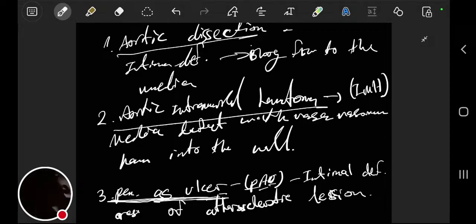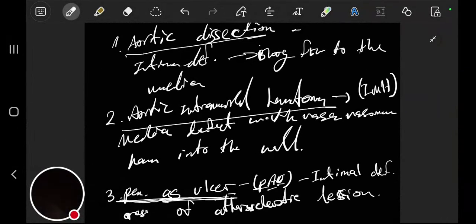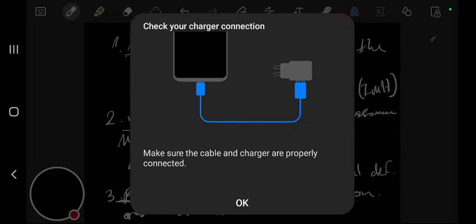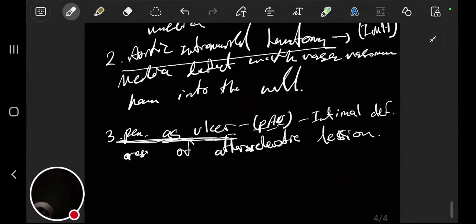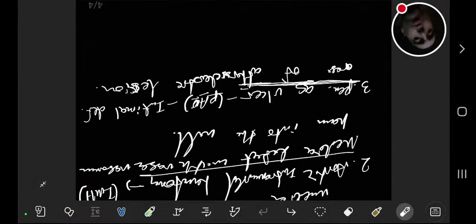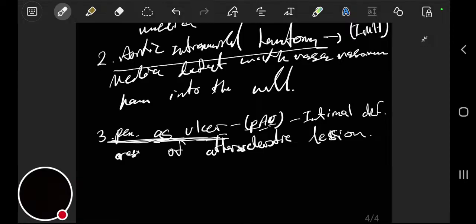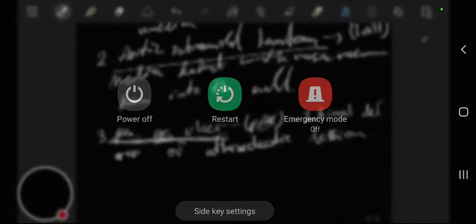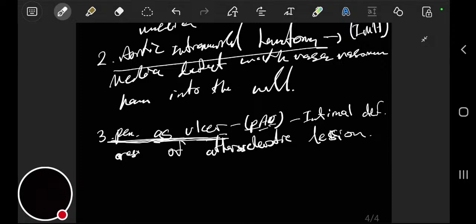Now, when I'm talking about those three, especially in dissecting aorta, I need to note where the lesion is, in which area of the aorta.